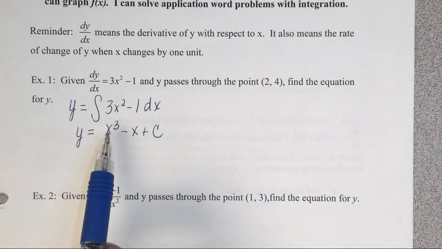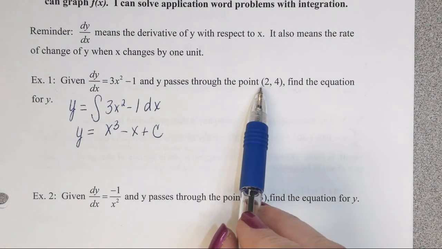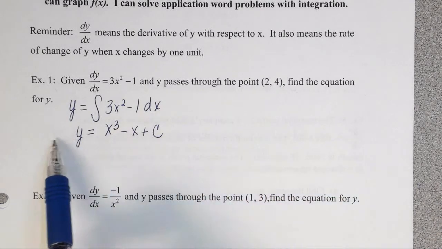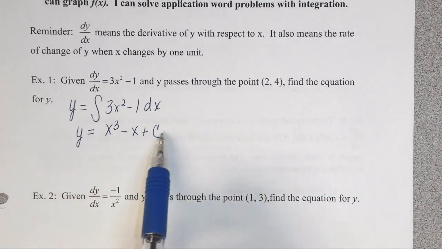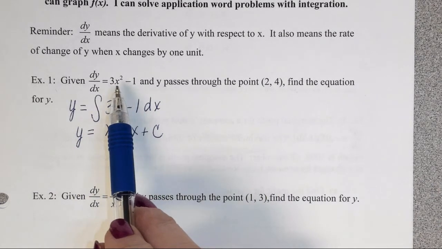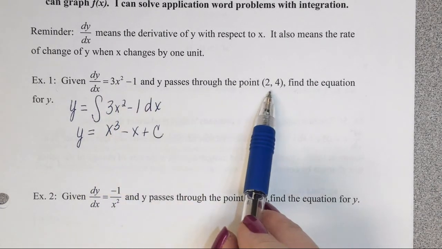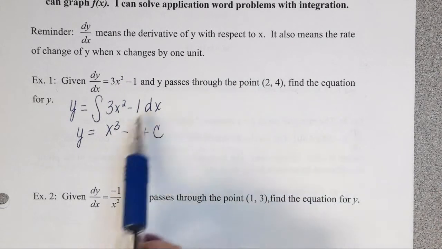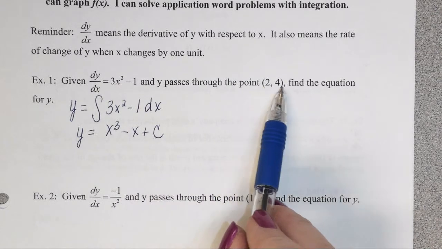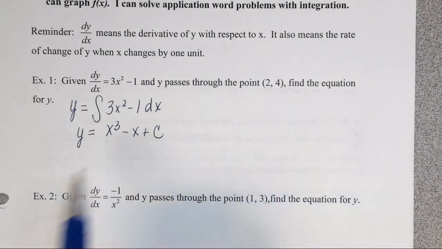What makes this kind of problem different is that now they're telling us the point that it passes through. See, there are infinitely many functions that have this derivative, but there's only one that has this derivative and passes through this point. So how do I know c? How can I find c if I know this point? Plug it in, right?